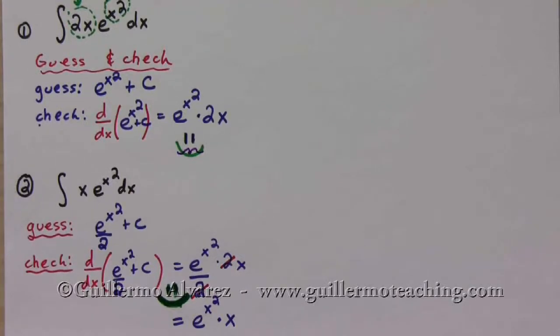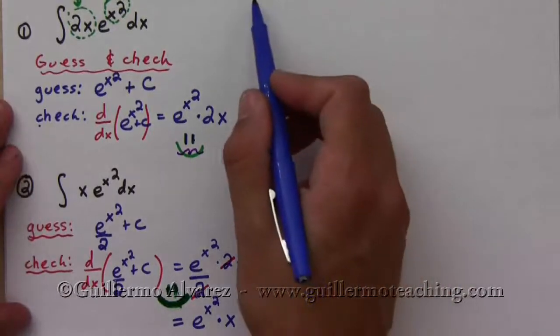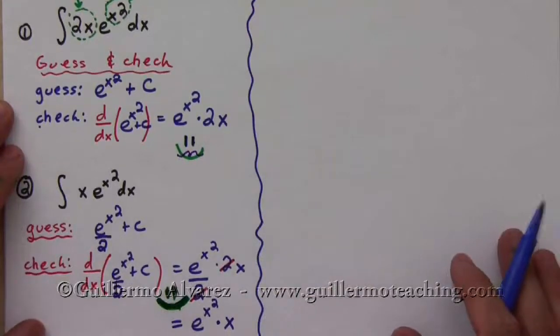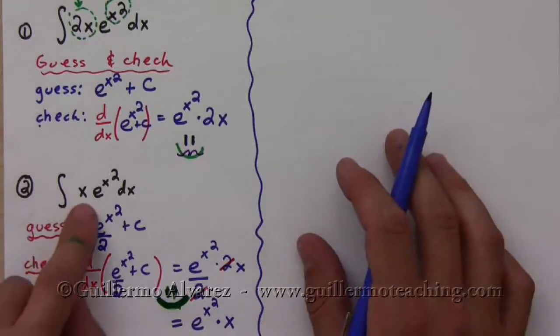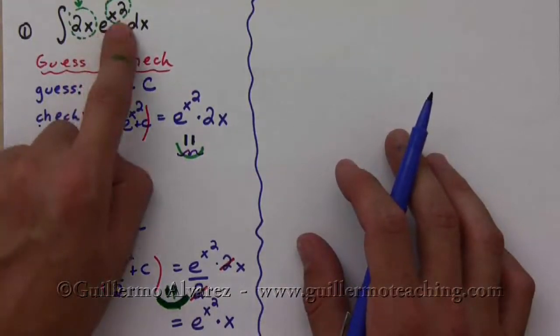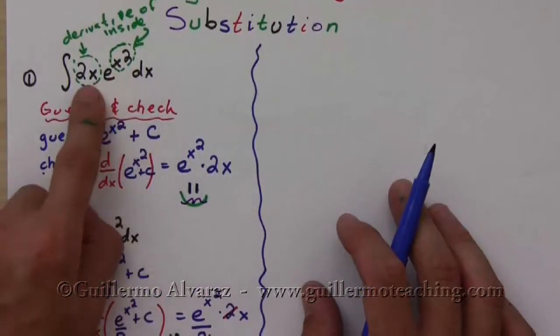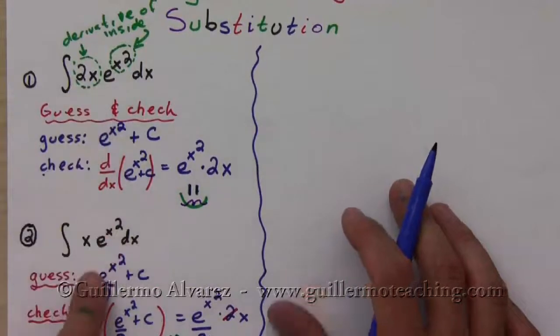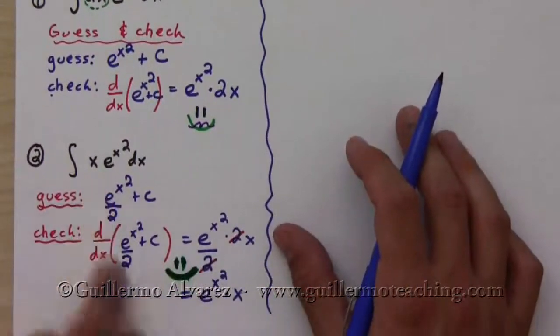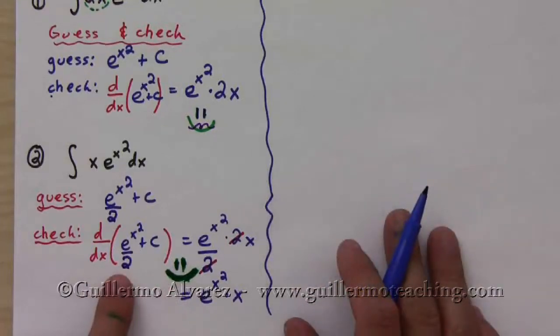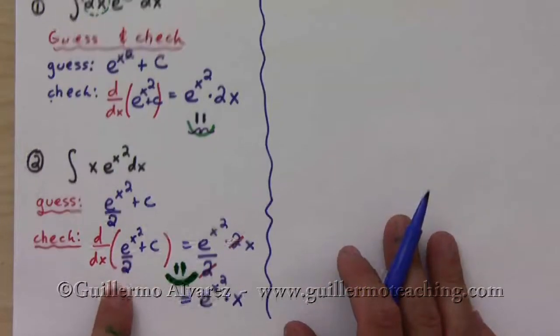It's kind of like the chain rule for integrals. And the main thing that you notice is that the derivative of the inside is also on the outside. And we learned from this problem down here that we don't worry about constants because we can always add a constant.